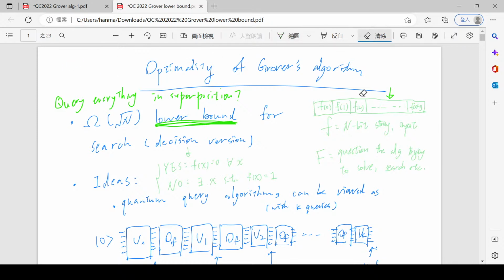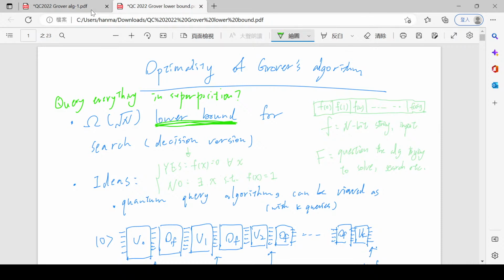That's very hard. And there's something else I want to say. Once again, we are saying optimality for Grover's algorithm. So we are actually not lower bounding Grover's algorithm.